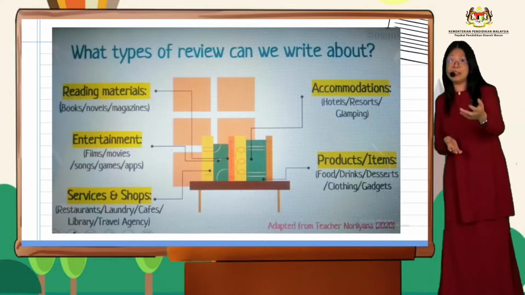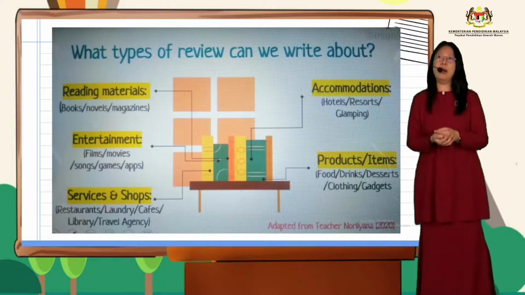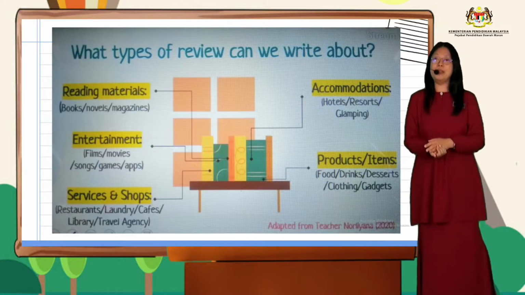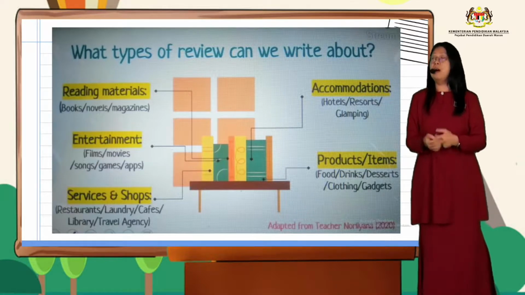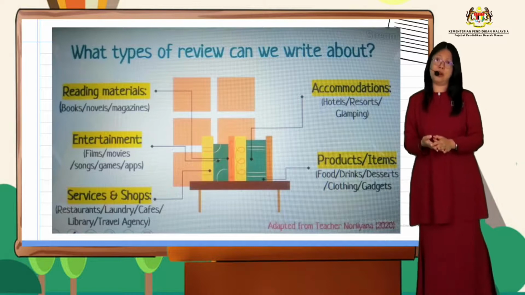Is it related to you? Yes. We always have family celebrations or birthday parties at restaurants, right? So maybe you can write a review about the service, about the atmosphere, about the food in the restaurant. Good. So this is related to us.